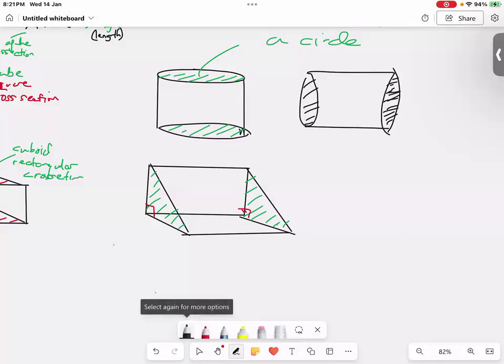Now, there is another version for this, which you need to look out for. I'm going to draw it for you.